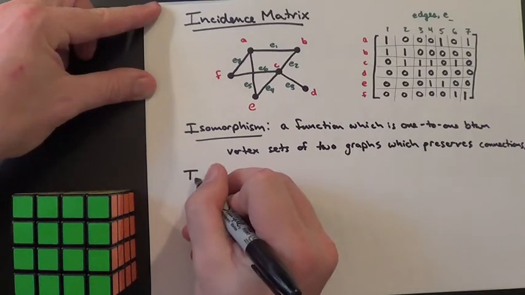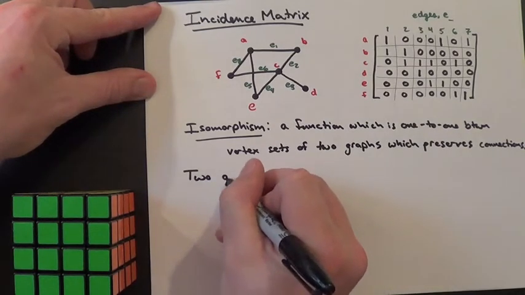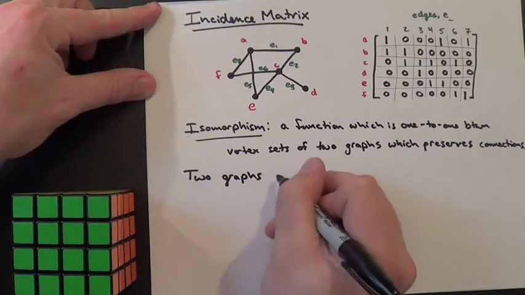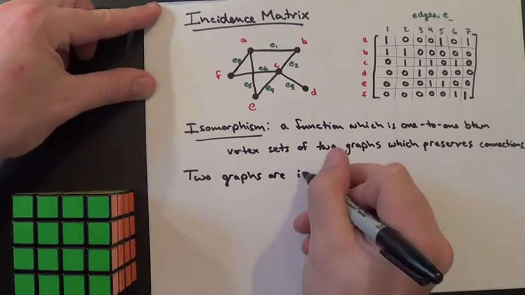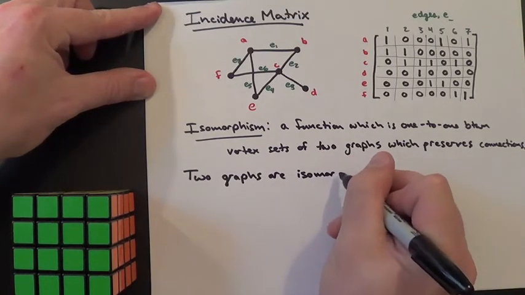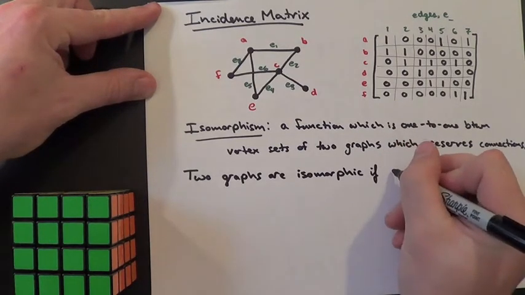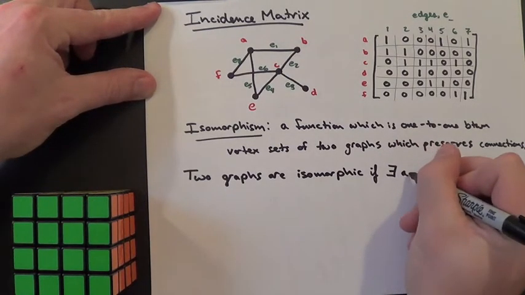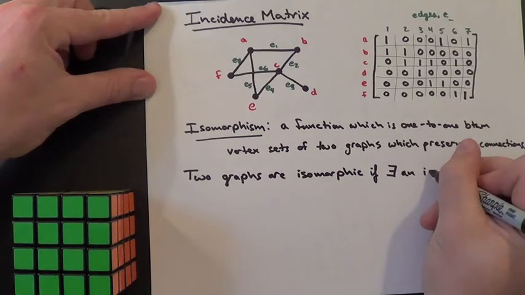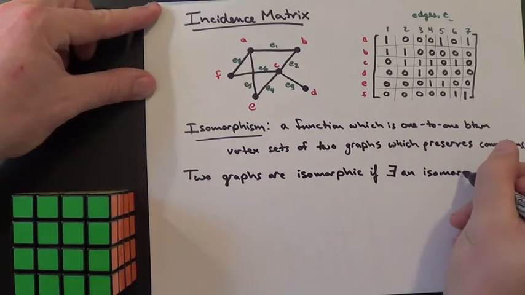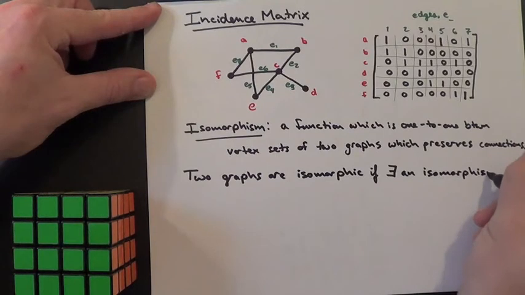Two graphs are isomorphic if there exists an isomorphism between them.